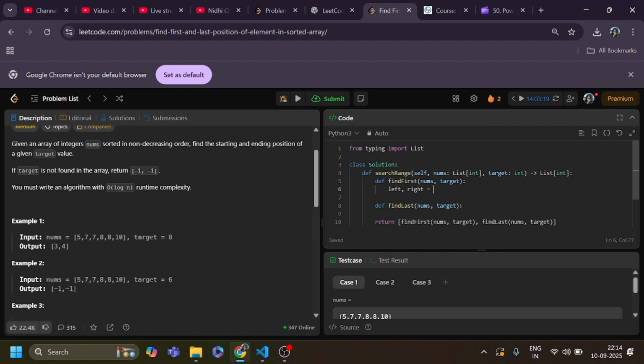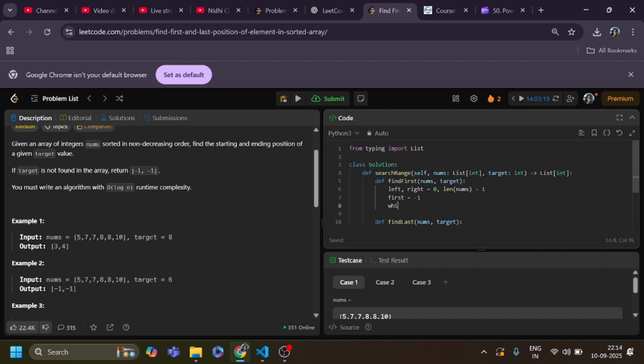Left equals 0, and right equals length of numbers minus 1. First equals -1.